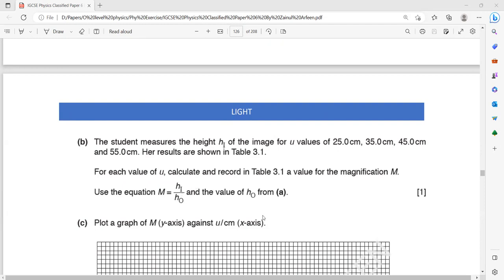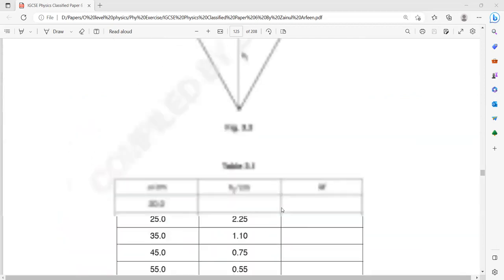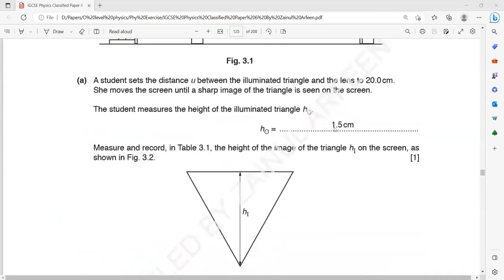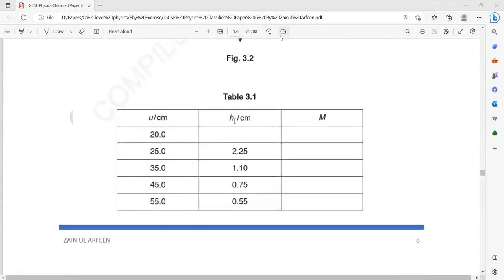It's height of image over height of object, where H naught is from part A, so H naught is 1.5. So this you got as 3.80. This will be 3.8 divided by 1.5. Same thing, 2.25 divided by 1.5.